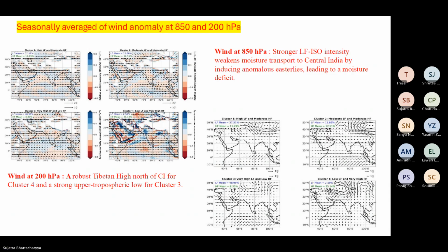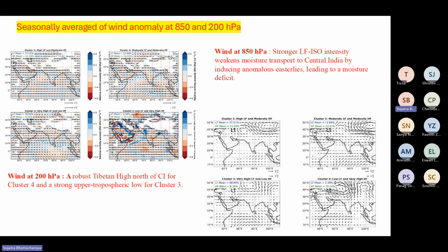Now, when we look at 200 hectopascal for cluster 3, we can clearly see there is a Tibetan high, and in the anomalous side there is a Tibetan high, which makes the easterly above the wind. If we combine these two, the vertical shear during these years in the wind picture is very strong. That's why higher rainfall.